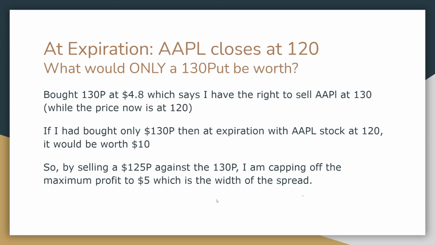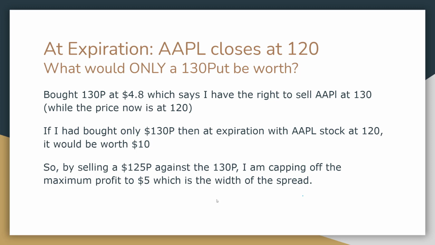Now let's see why we are talking about this bear put spread when you could just buy a put. I could buy just a 130 put, right? What would that be worth? When you buy a put spread, whatever the width of the spread is, that is the max profit. The market can crash as much as it wants. Apple can go to $50 tomorrow, and you are still going to make only $5, correct?